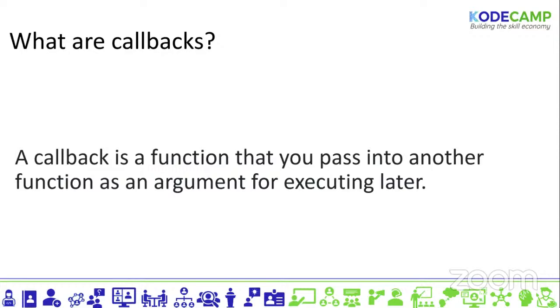If you've worked with programming, you find out that most times you pass a function into another function, and then that function is called after you call the outer function somewhere, maybe after something has been processed. So that function that you pass as an argument to another function is called a callback.